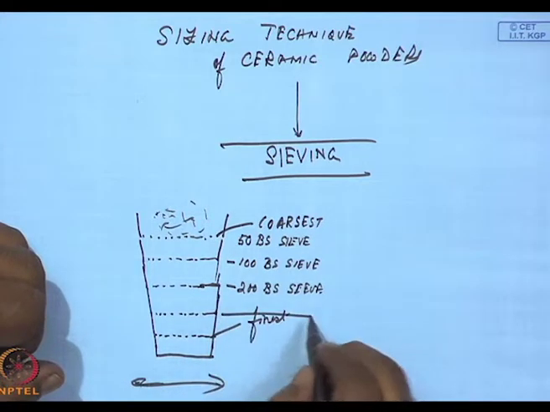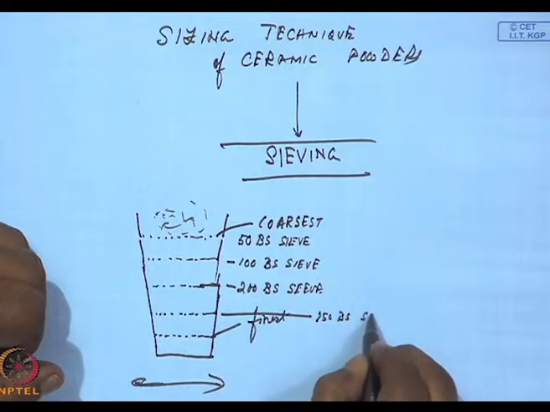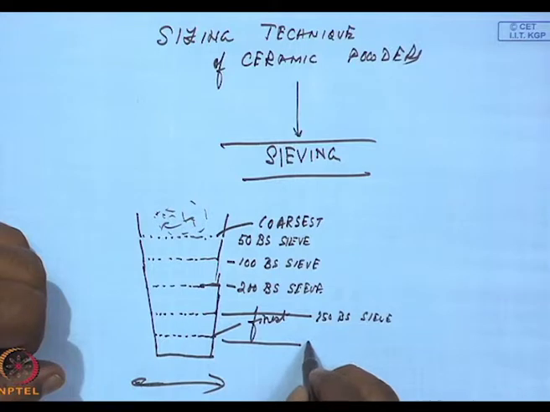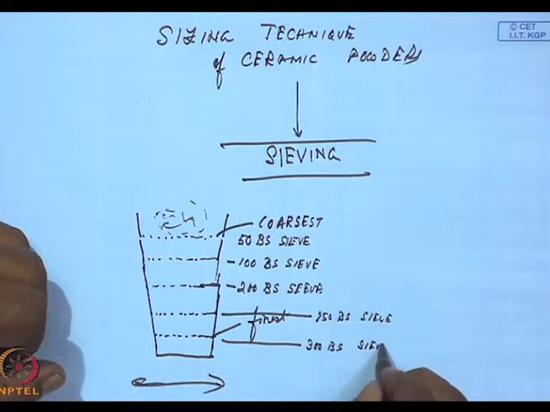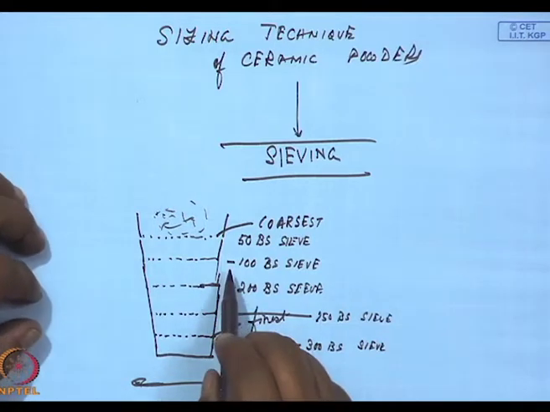This is 250 BS sieve, and this, let me put it as 300 BS sieve. What would it mean?